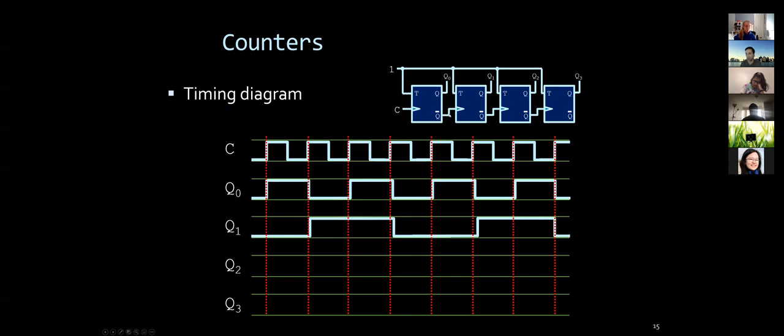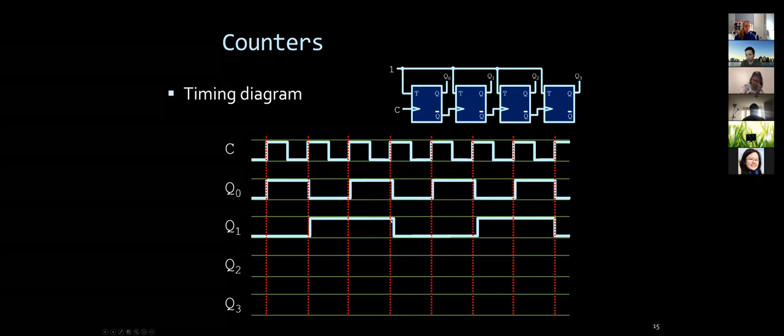Its input is now the NOT Q output from here, so when it goes from 1 to 0, because we take NOT Q, we're not looking at when it goes from 0 to 1. Then it goes up when this goes down, then it goes low, then up, then high, and then down.